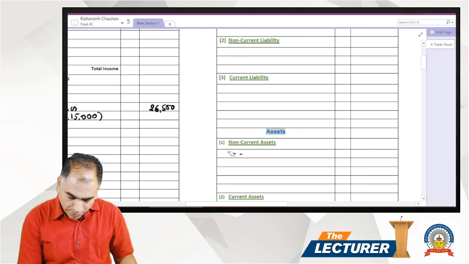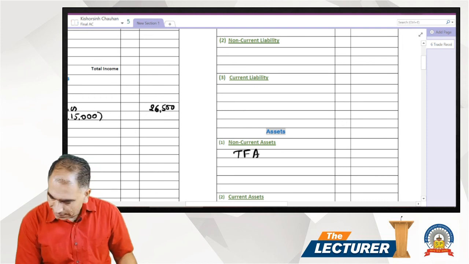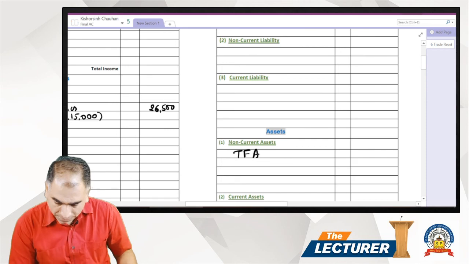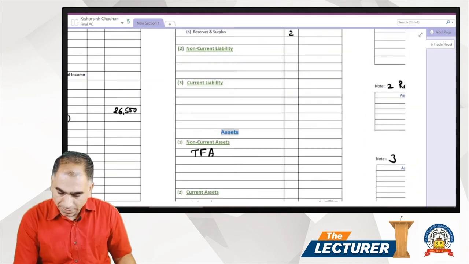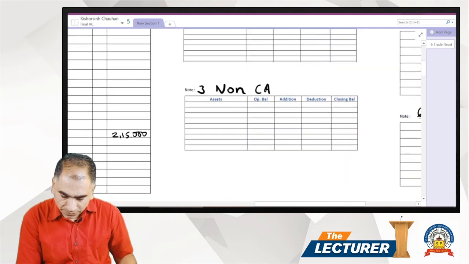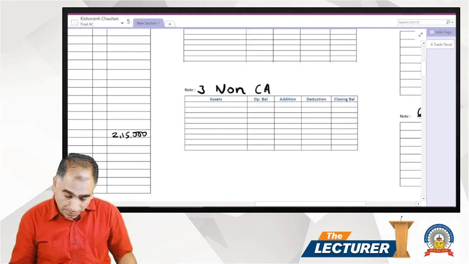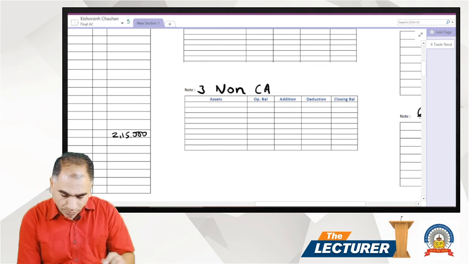We call it tangible fixed asset. For tangible fixed asset we will have a schedule. We will prepare the fixed asset schedule here. We have one asset, that is a freehold property.